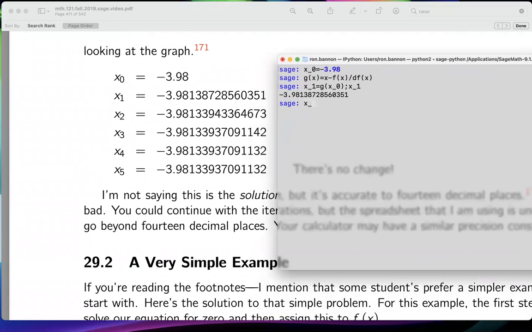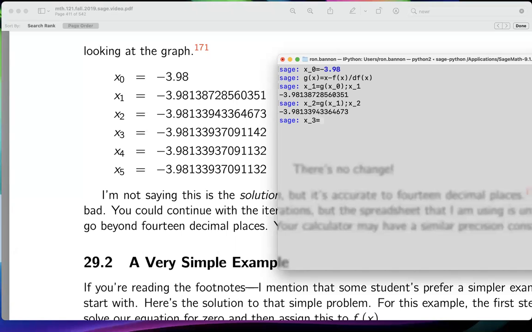So x2 will be g of x1, right? And I want to display x2 now. And let's see if we got it. Minus 3.98 looks pretty good. We got it. Let's see if we can get x3.